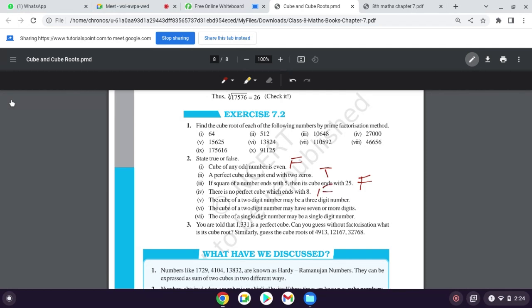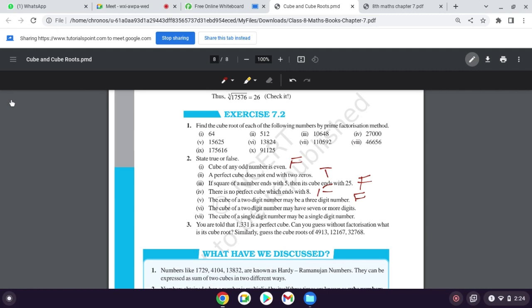Fifth one: the cube of a 2-digit number may be a 3-digit number. False. The smallest 2-digit natural number is 10 and the cube of 10 is 1000, which has 4 digits in it. So it is false.